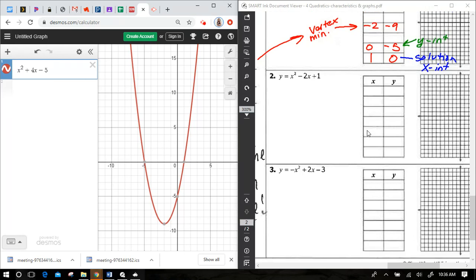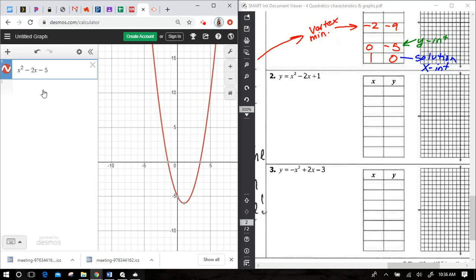So problem number 2 is x squared, so I'm going to leave that like that, minus 2x, plus 1. So this time I used the keyboard on my computer rather than clicking on their keyboard. And so I already have my function right here for me. Click on it and it's going to highlight all the key features for me.